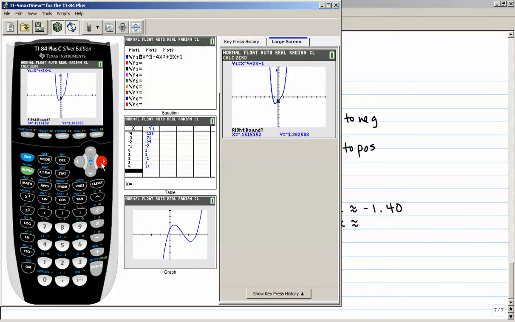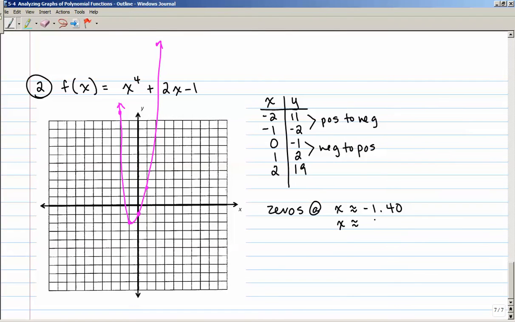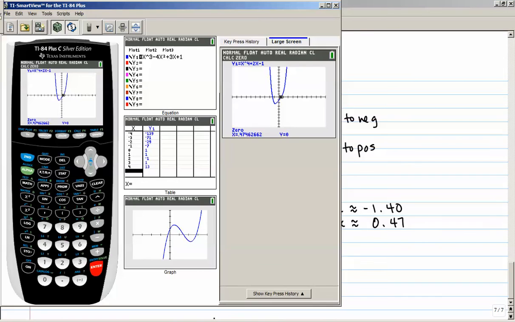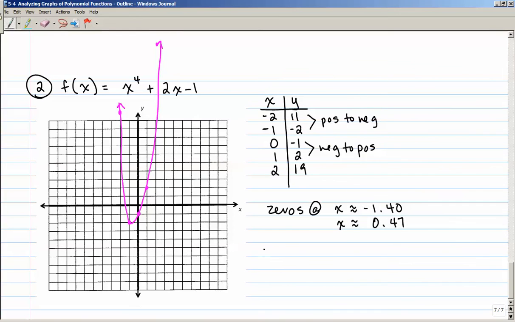Hit enter, cursor to the other side of it, hit enter, and hit enter again, and I have a 0 at approximately 0.47. Okay. Now I need to look for relative max and relative min. Since this is going up in each direction here, I have no relative maximum.